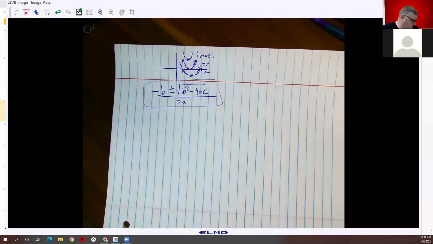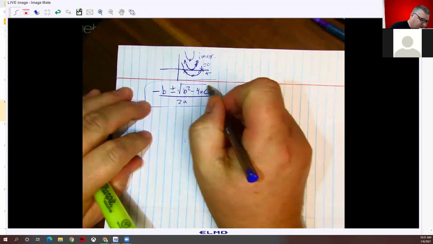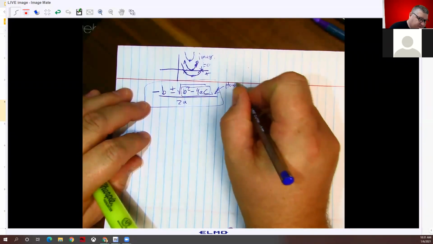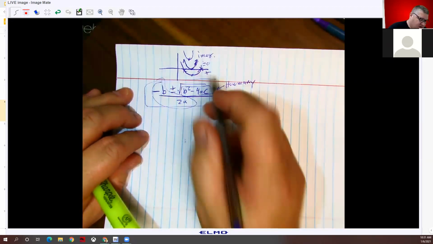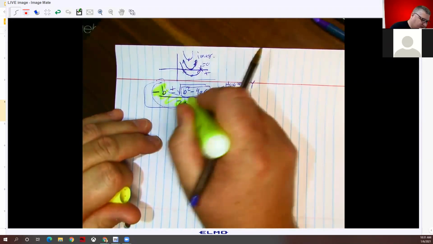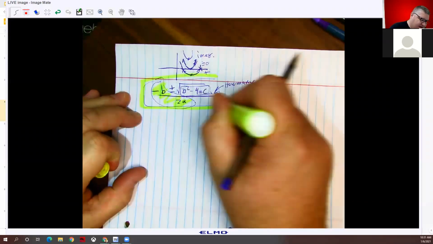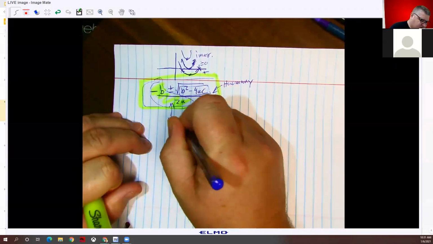Because in our Rosetta Stone of parabolas, this discriminant tells us how many solutions. This will tell us vertex information, and the whole thing will give us solutions.